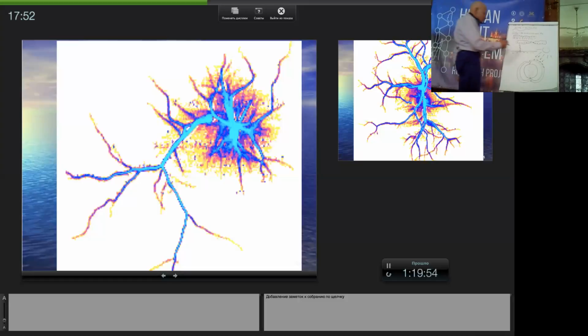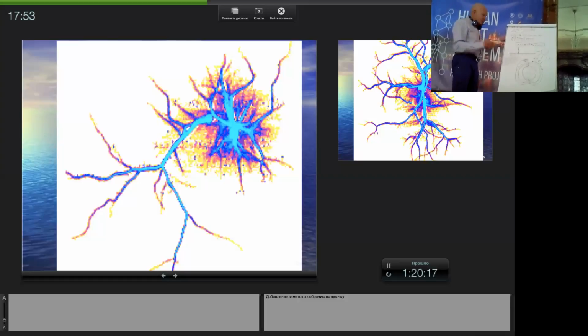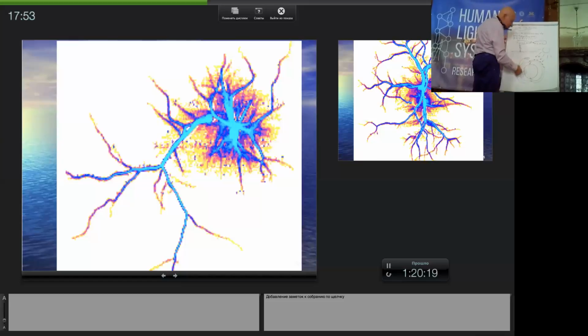When cosmonauts go to cosmos, they have a very high level of radioactivity, and they are exposed to very high radiation. But at the same time, they are exposed to this geomagnetic field. So you understand, this geomagnetic field is an interaction between Earth and Sun.